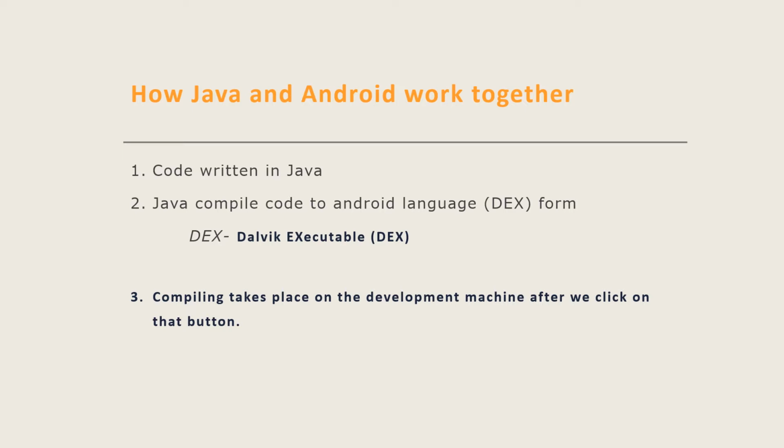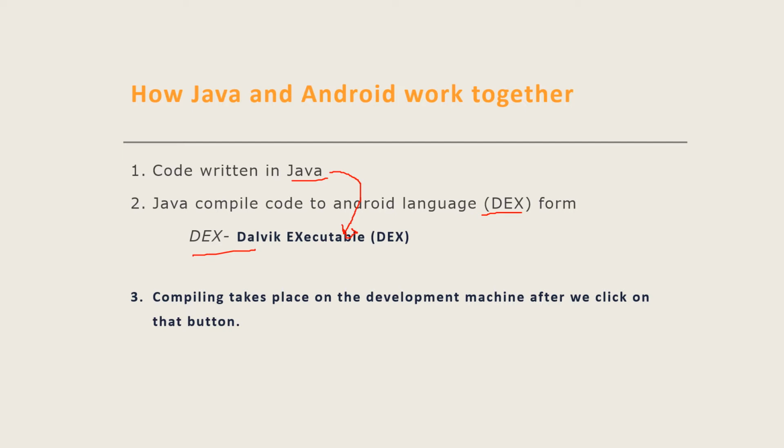In the process of compiling, Java will be converted into another form, and that form is called DEX, Dalvik Executable Code. So from Java code, which we understand, it will transform the moment you click compile into another form which Android understands, and that is in the form of DEX or Dalvik Executable Code.